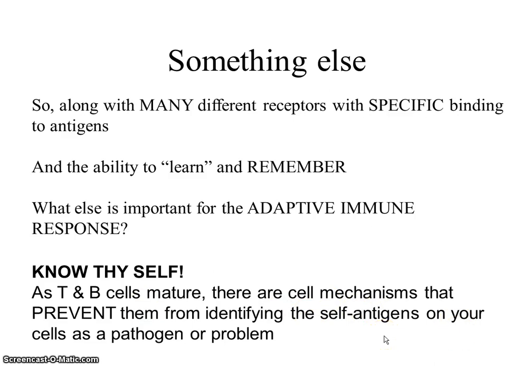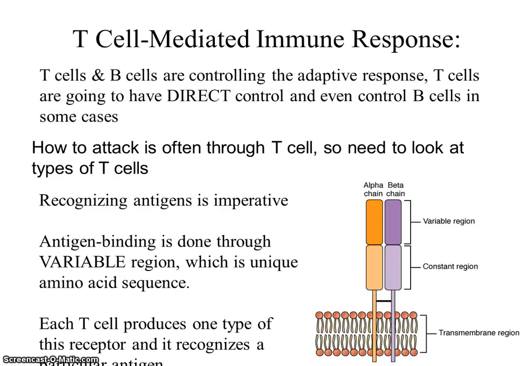Just like we mentioned in the blood chapter, all the cells of your body have their own antigens. So if your B and T cells have an antigen receptor to your own antigens, you have a problem. All right?